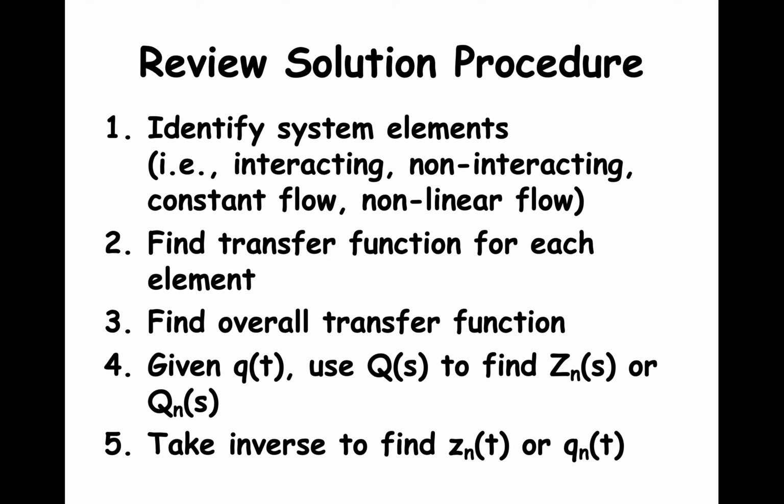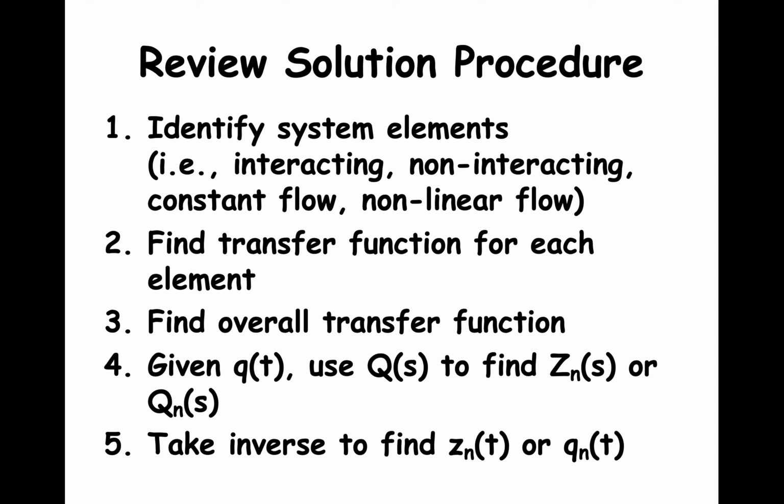You need to identify the system elements and determine whether they are interacting, non-interacting, have a constant flow, or are nonlinear. Then you need to find the transfer function for each element. In most cases, you will be able to write the transfer function using the ones we have developed already. Next, you need to find the overall transfer function.